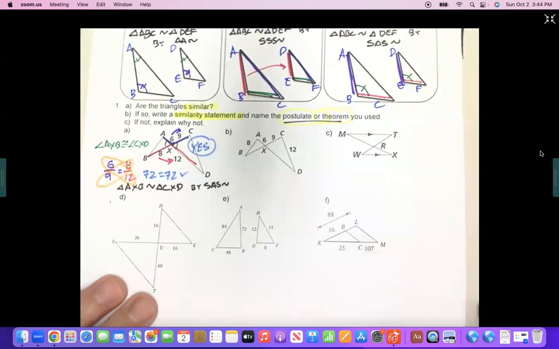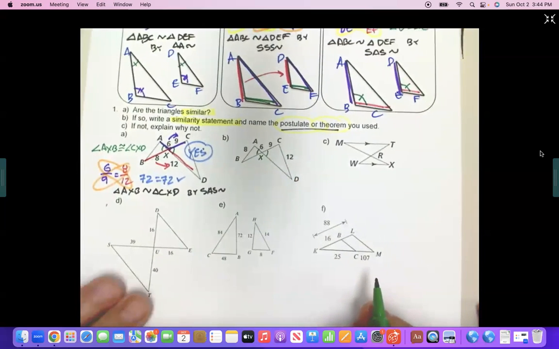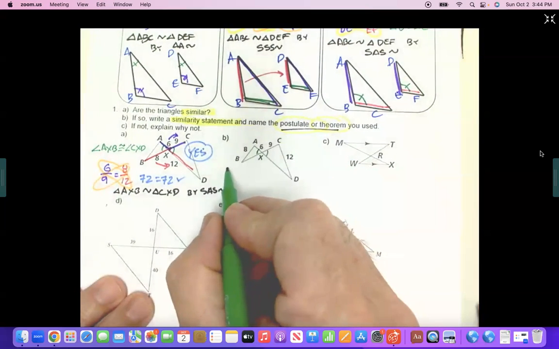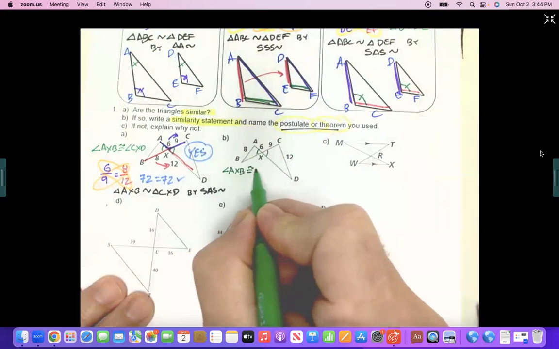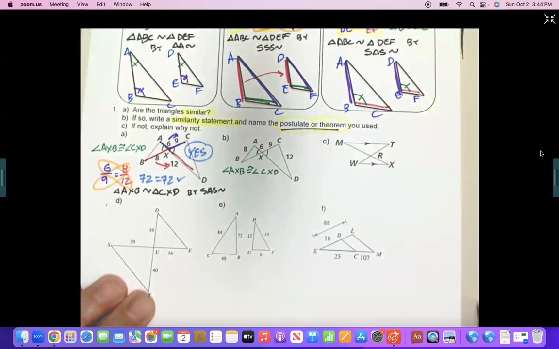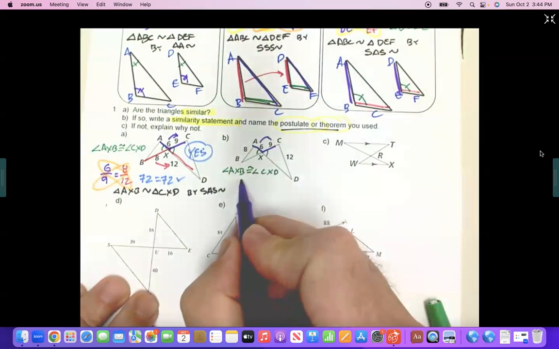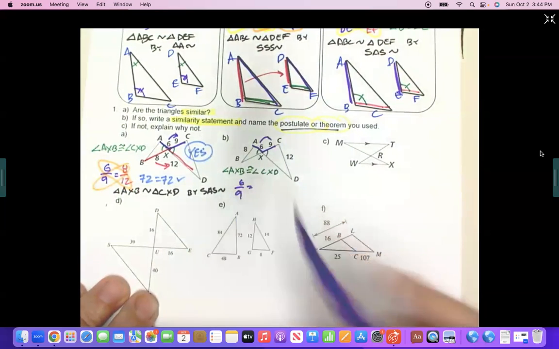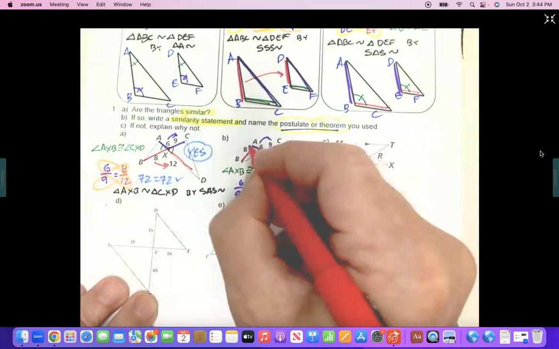And the next one, again, our good old friend vertical angles appears again. And this, we know that angle AXB is congruent to angle CXD. And as a matter of fact, we also have the exact same proportion we had last time. We see that 6 is to 9 as 8 is to 12.